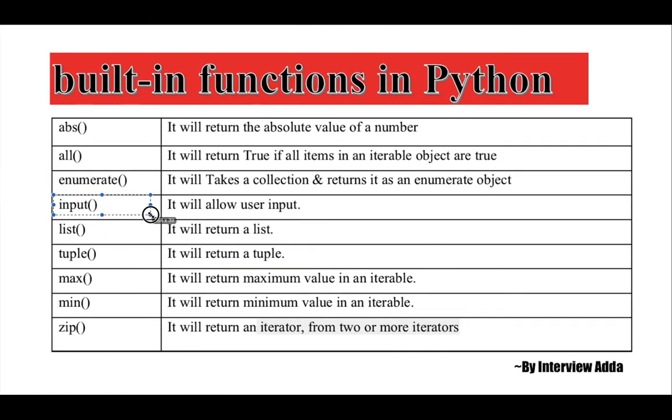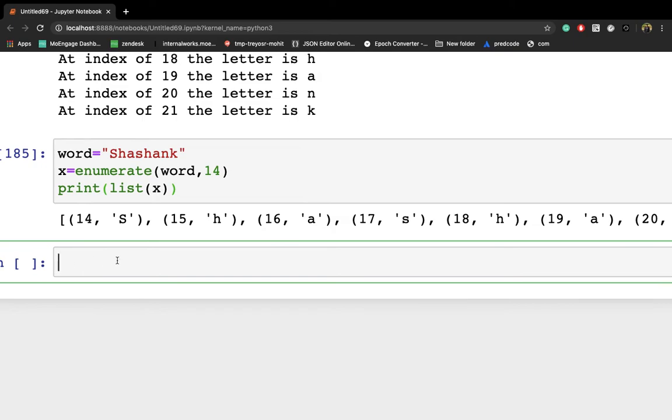Next one is input, right? So it will allow user input, which is very simple. So let's check how exactly we can use the input function. Let me print, what is your, let's say I'm writing hobbies.